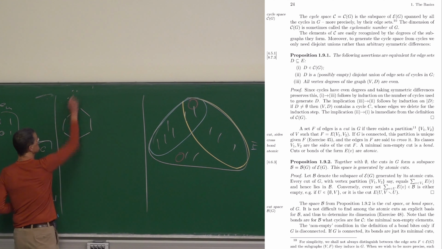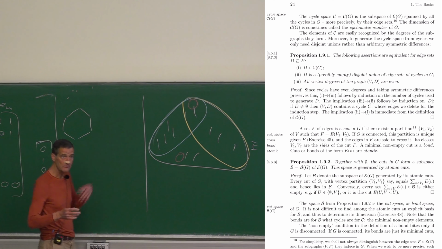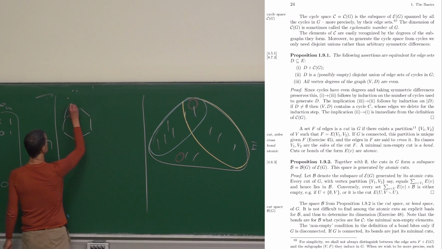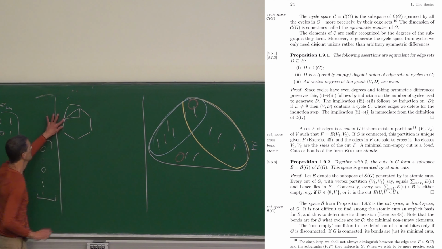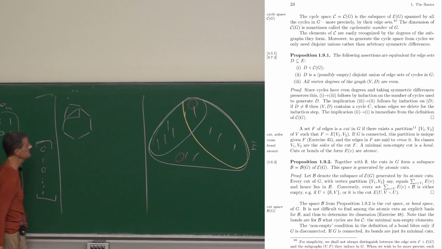There may be other vertices here, right? Their degrees are also even. Right, and when you have generated one and you have generated another such thing, so maybe there are some more edges here, so this is a slightly more complicated element of the cycle space for which we've already shown that the degrees induced at the vertices are all even.